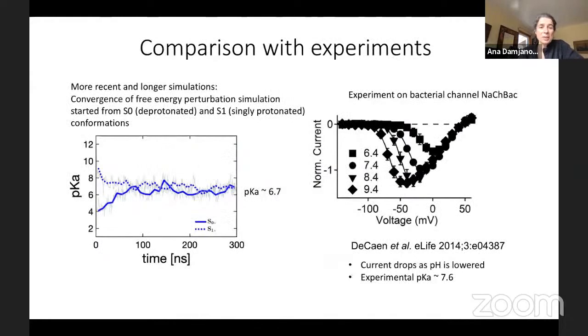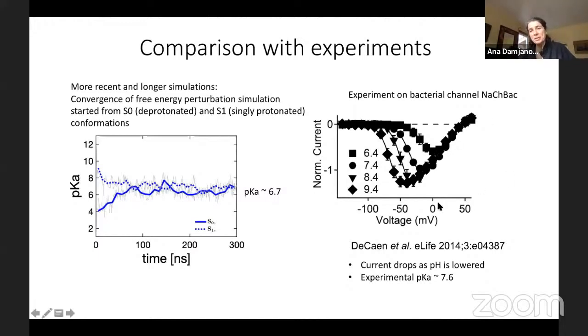More recently we performed much longer free energy perturbation, 300 nanoseconds, and we obtained convergence in these simulations, with a pK of about 6.7. Here I'm showing results.